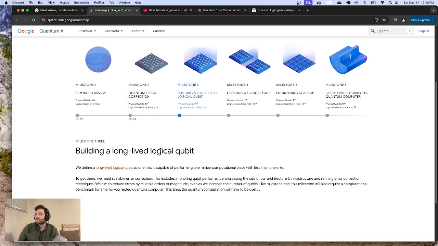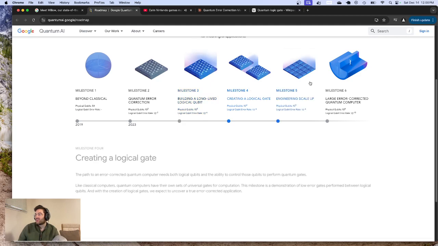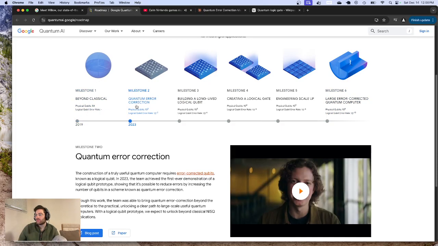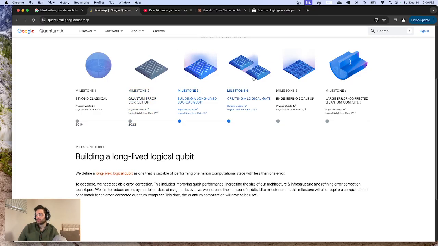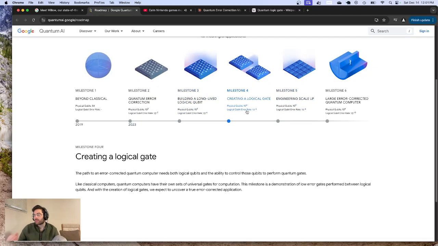We define a long-lived logical qubit as one that is capable of performing 1 million computational steps with less than 1 error. Large error-corrected quantum computer. So, look, if it's taken 4 years that they've only been able to prove error correction, we're not even yet at the scale-up stage. Physical qubits, we got 100. A long-lived logical qubit. I don't understand why that's a problem.